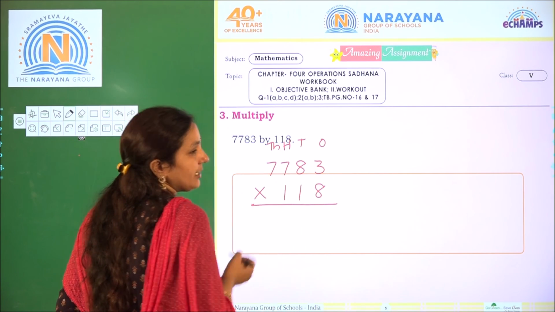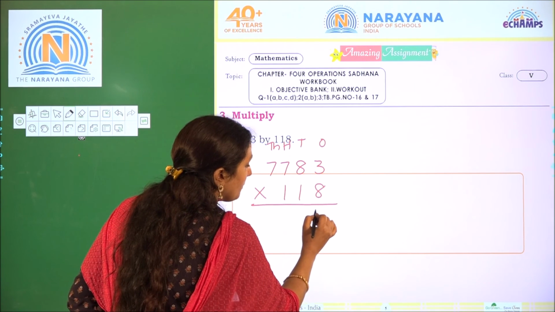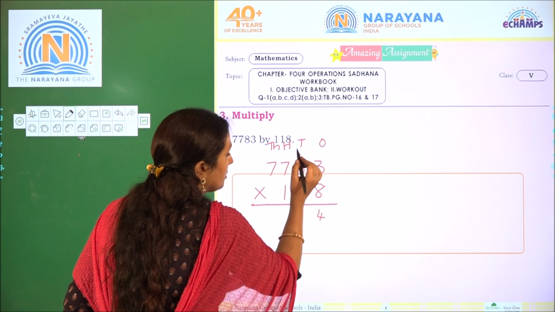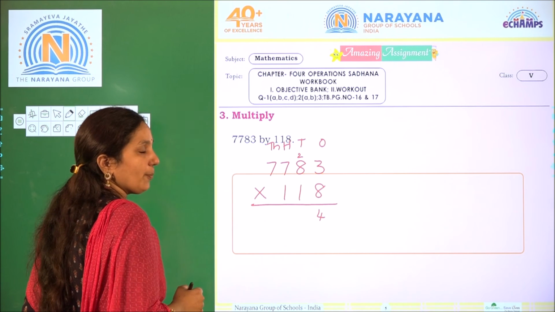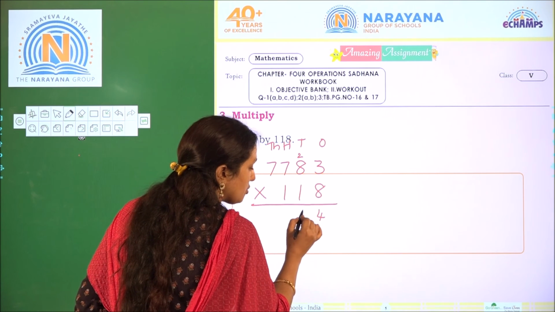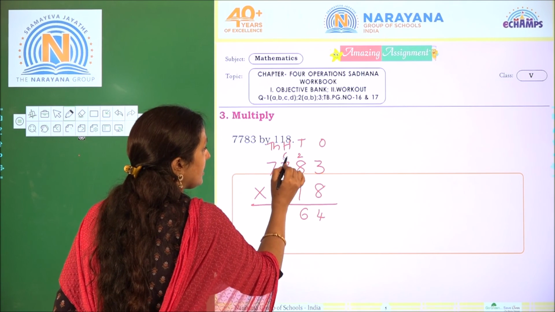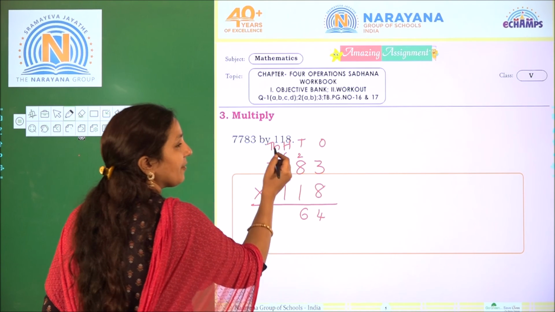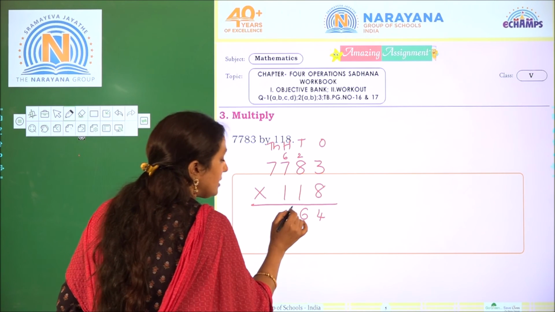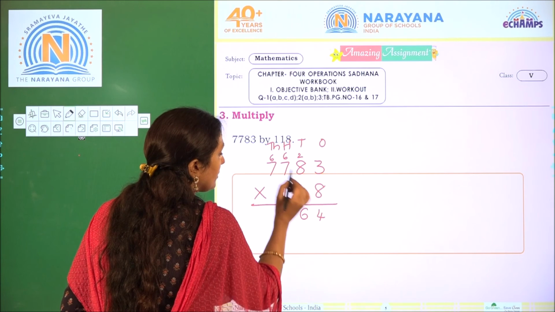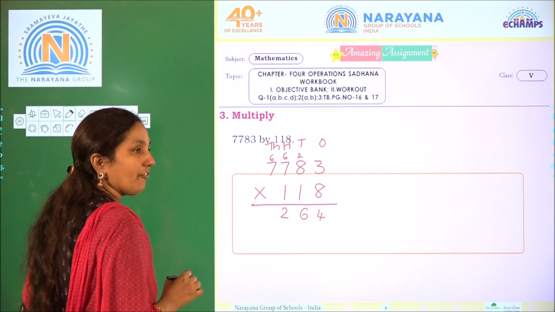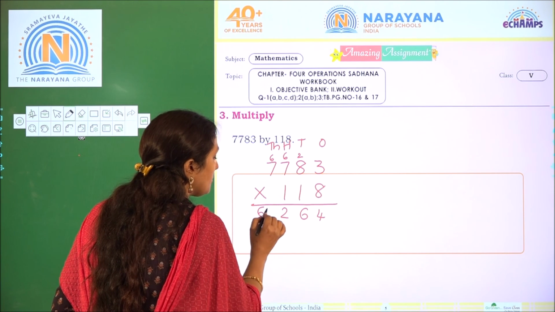So 8 into 3, 8 3s are 24. 2, 8 8s are 64 plus 2 is 66. 6 here and 8 7s are 56 plus 6 is 62. 6 and again 8 7s are 56 plus 6 is 62.